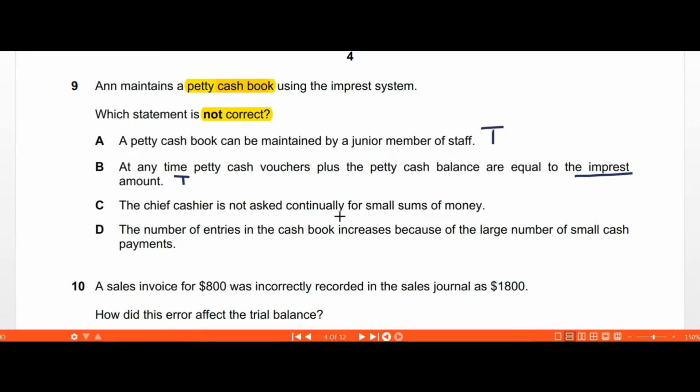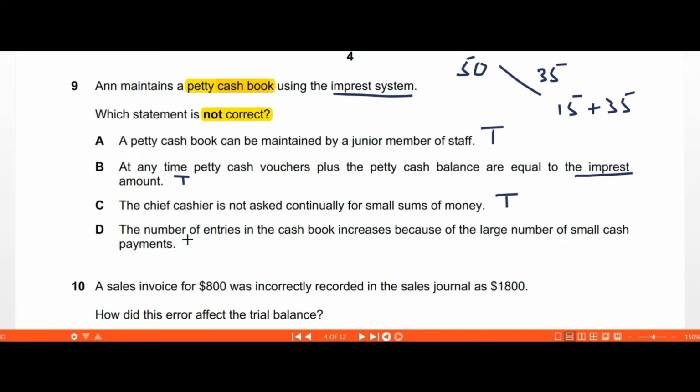Again, this is also true. Why? Because they have been given their limit, and that's what the imprest system is. So they are given a limit of 50, and they will be using up whatever they use up. And suppose they are left with 15, if they have used up 35, they're only left with 15 in the end.